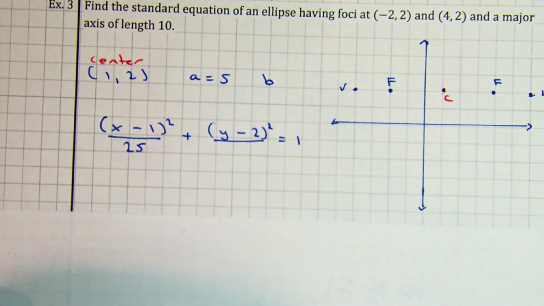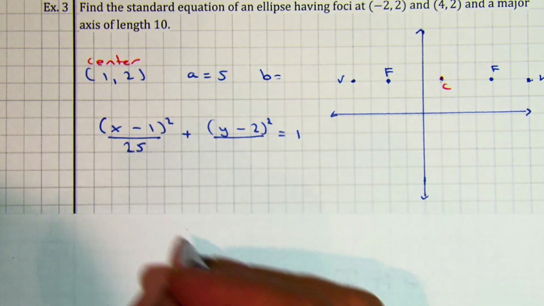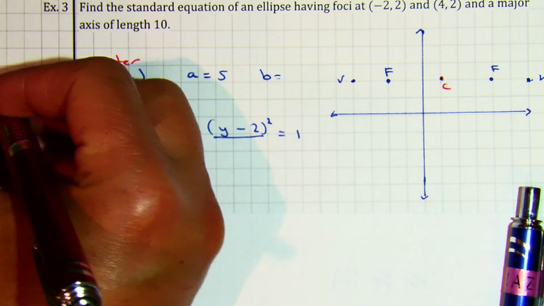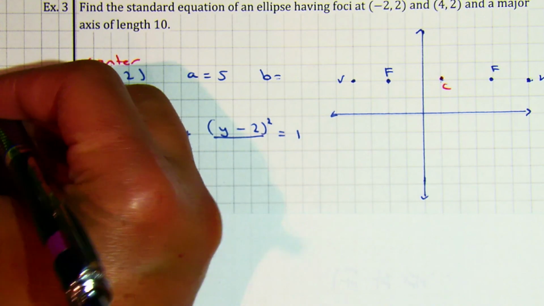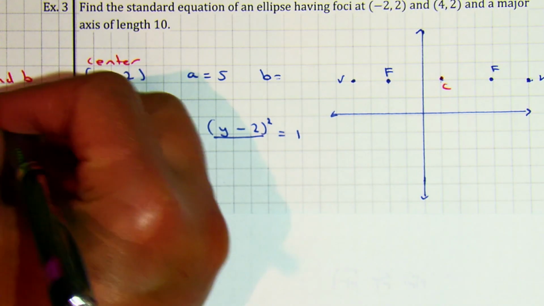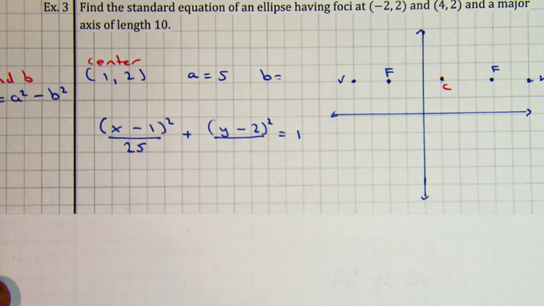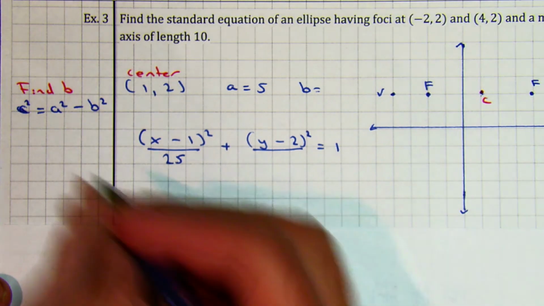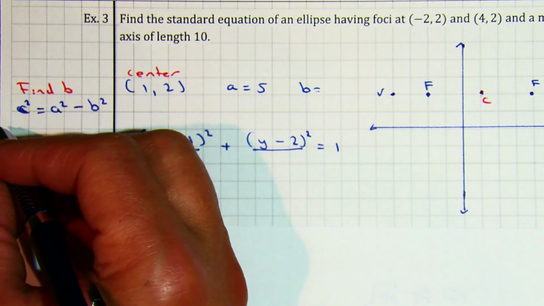And how can I find my b value? Correct. We can use the formula. So I'm going to find b. It'll be c squared equals a squared minus b squared. And what's the value of c? Well, c is the distance from your center to your focus.